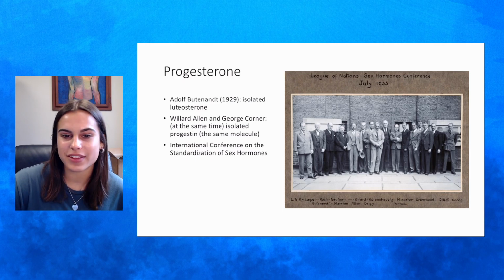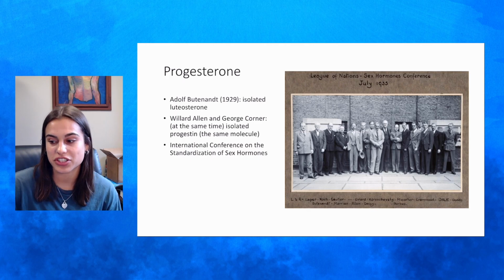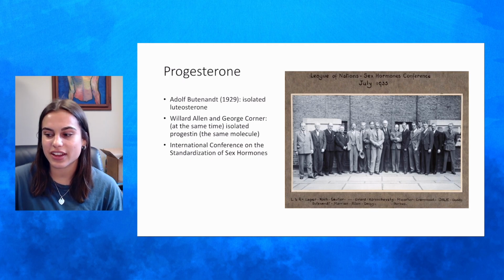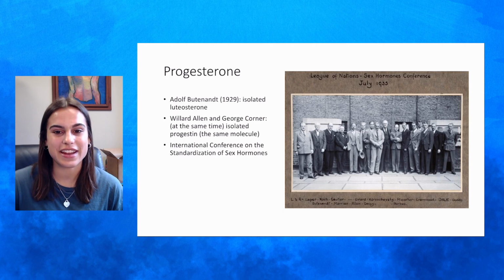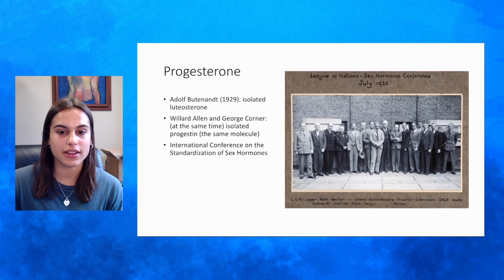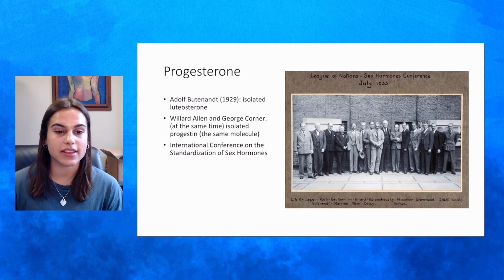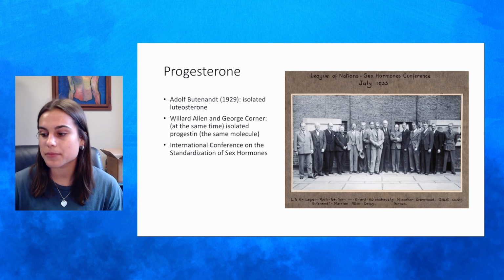So the same guy as before who isolated estrogen, he isolated luteosterone in 1929, but at the same time William Allen and George Corner isolated progestin, which was the exact same molecule that Adolf had isolated.